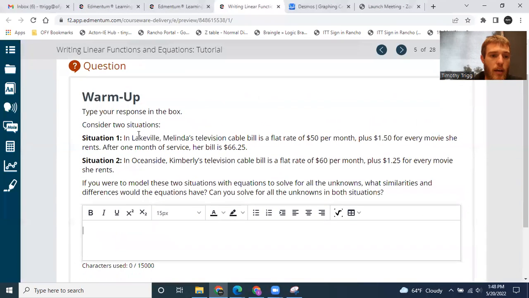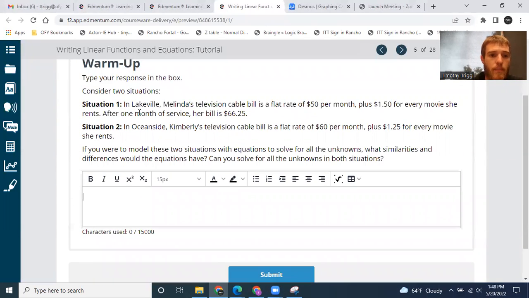It says we have two situations. In Lakeville, Melinda's television cable bill is a flat rate of $50 per month plus $1.50 for every movie she rents. After 1 month, her service bill is $66.25.